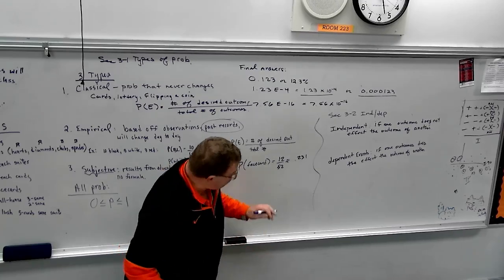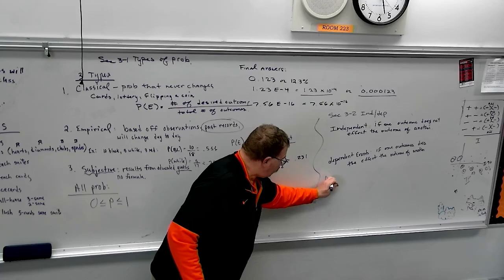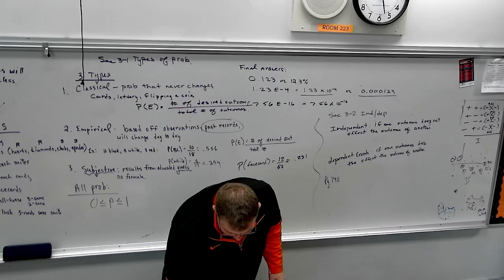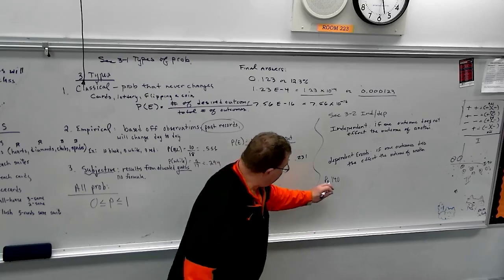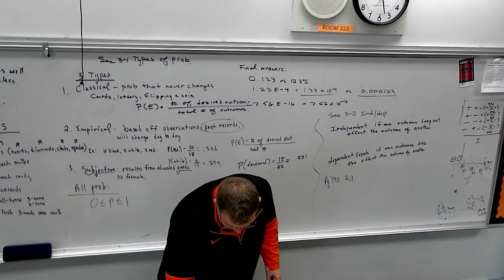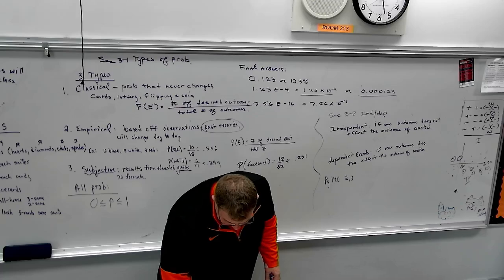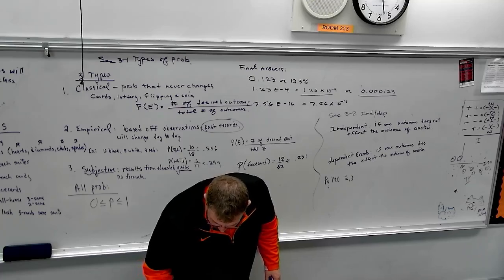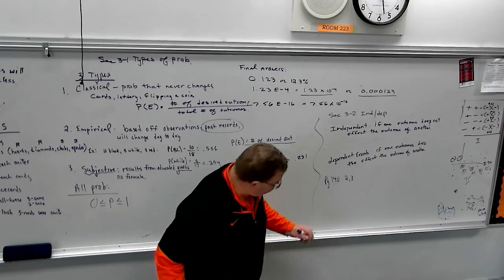Okay, let's go back to page 140. We can go back now and pick up some of the questions we skipped. We already did 1 through 4. We can do 29 through 34.